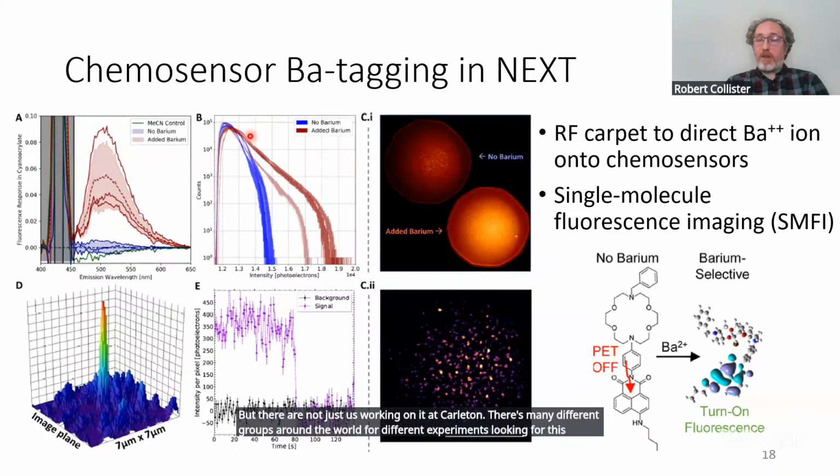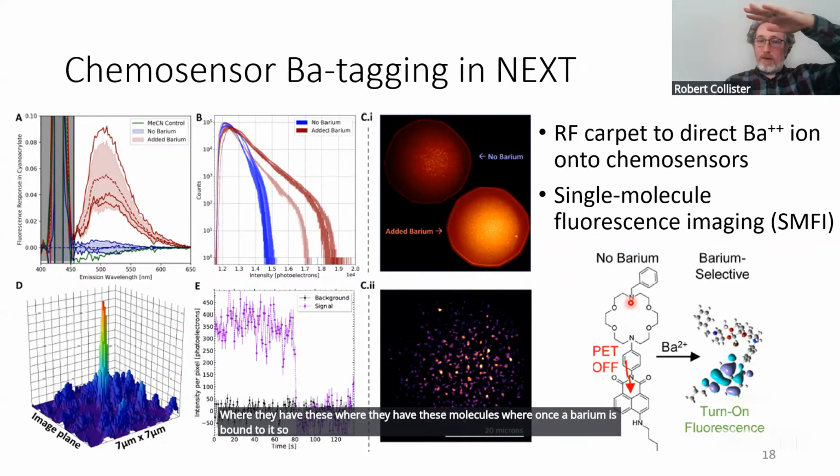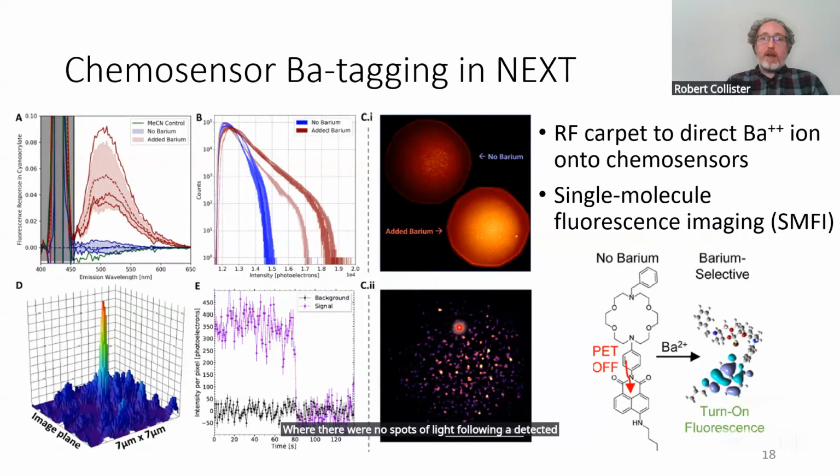For example, NEXT, which is a high pressure xenon gas time projection chamber, is looking to do it using chemosensors. They have molecules where, once a barium is bound to one, it fluoresces. They'll have a coated plane where the ions will drift onto it, and when they're bound to one of these chemosensors, the chemosensor fluoresces. So you look for spots of light where there were no spots of light following a detected decay event.